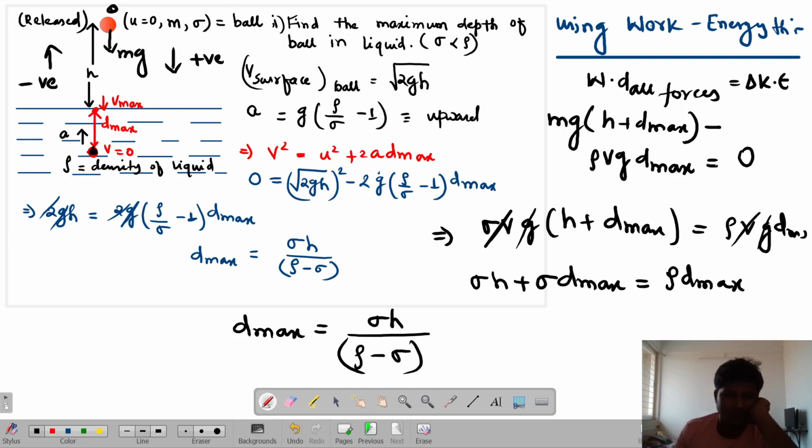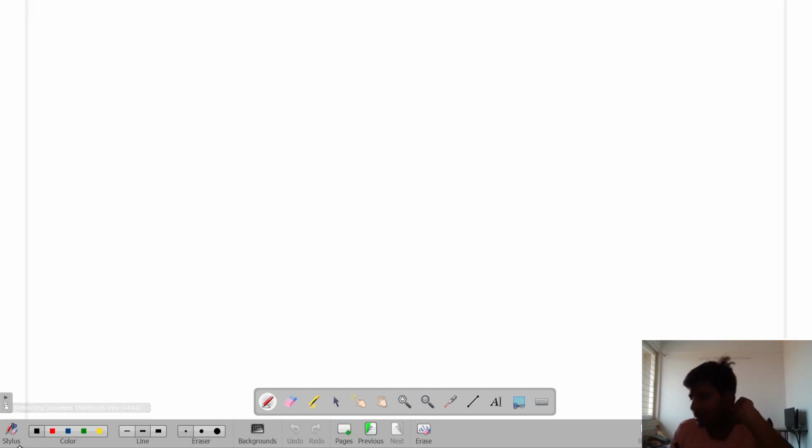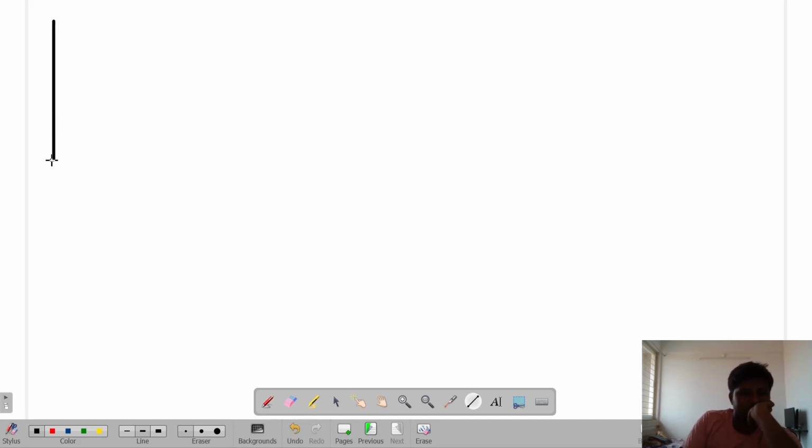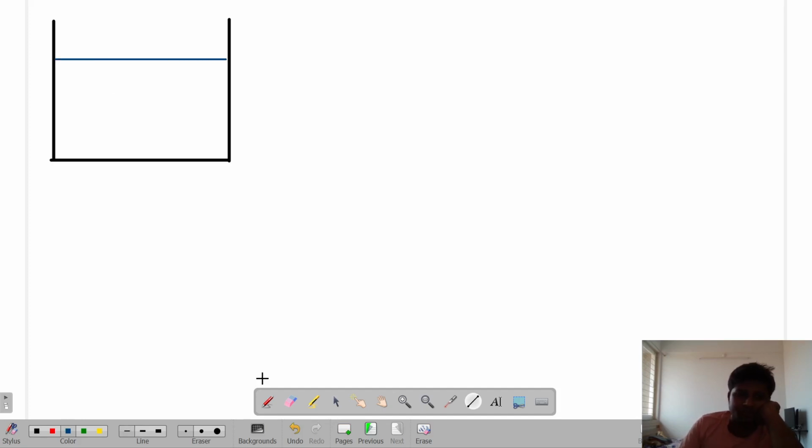Let's suppose I'm considering an ideal example. Let us take that I have a container, and in that I have any kind of liquid, basically water I'm taking.